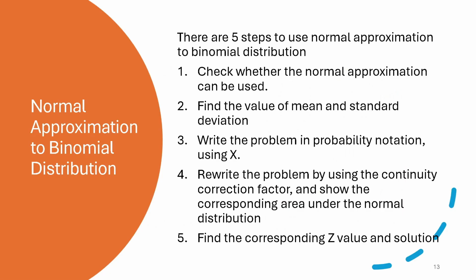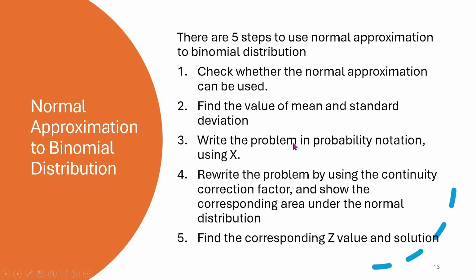Then there are 5 steps to use normal approximation to binomial distribution. First, check whether the normal approximation can be used: n must be very large, such that np is at least 5 and nq is at least 5. Find the mean and standard deviation: mean is n times p, standard deviation is square root of npq.